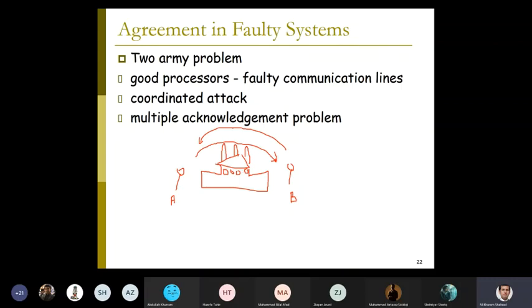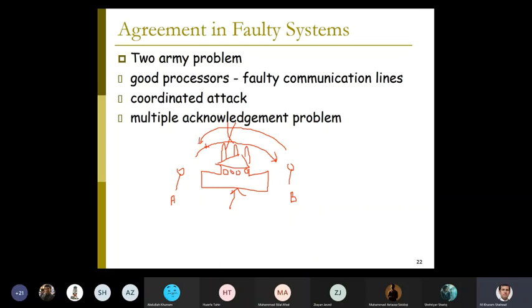However, these messages can be interrupted since the enemy is here, in the middle of these two communicating parties. If a message is received here by eavesdropping, then a wrong message is sent. First, the generals have to agree on whether we should attack or not. Let's say he said we should attack, and he also said that we should attack.